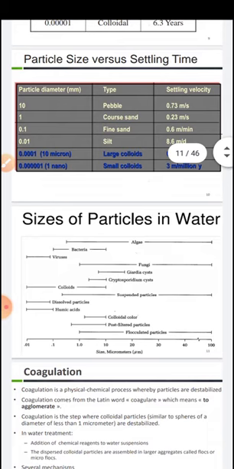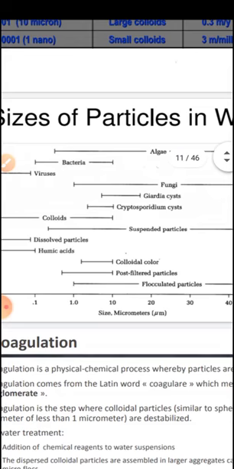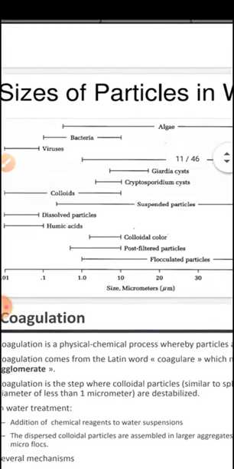Here is a size comparison of what we are actually dealing with. Normally we deal with algae, bacteria, viruses, fungi, and different kinds of microorganisms, and then we have colloids, some dissolved particles, some acids, and some suspended particles as well. So you can see how the size is ranging.